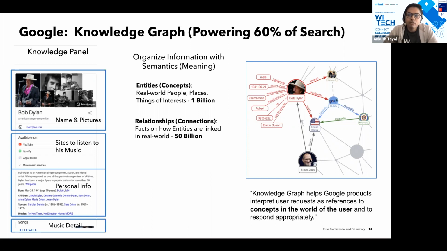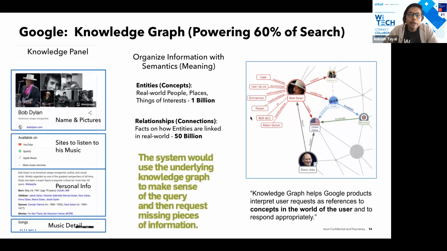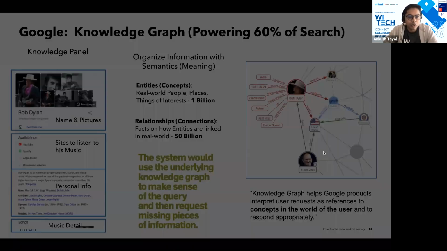For example, Steve Jobs is a fan of Bob. These relationships like has gender, born on date, and fan of are all defining the entities. So this knowledge graph is helping to make sense of the query and to put explanation about the patterns.